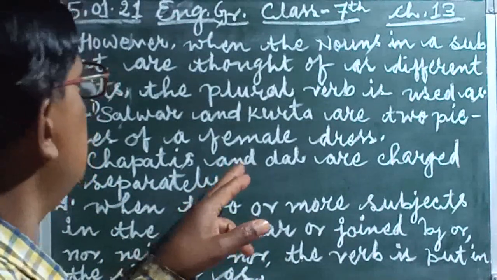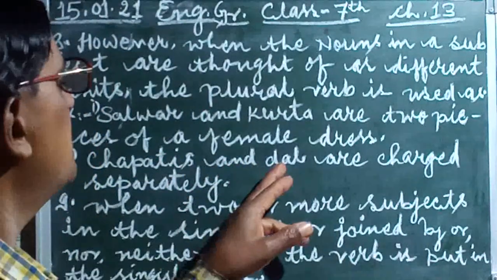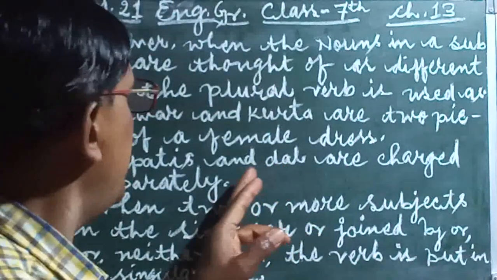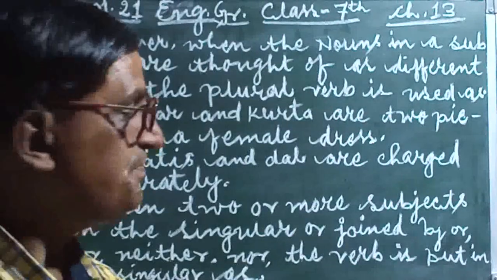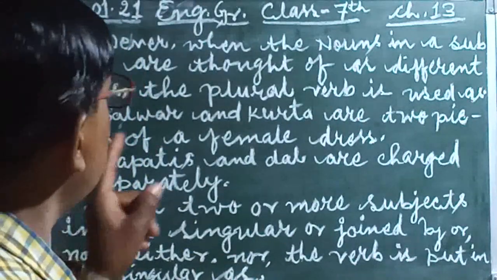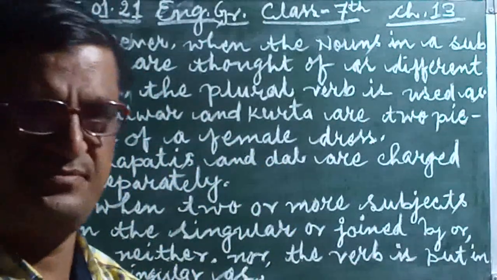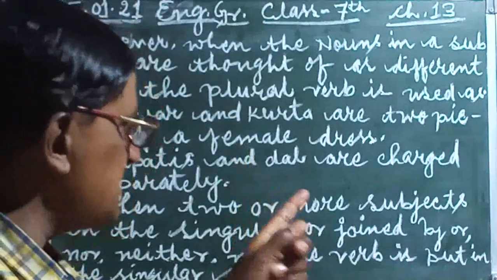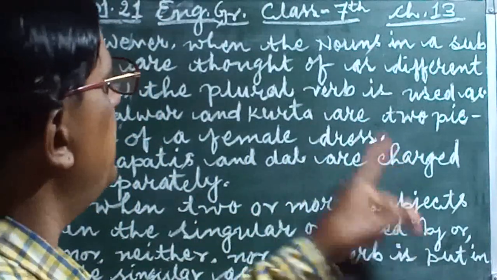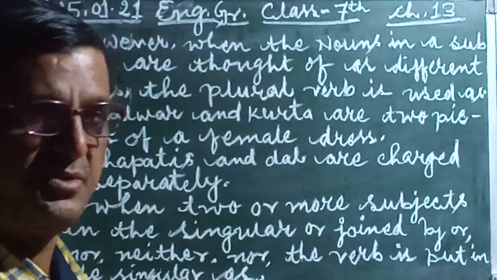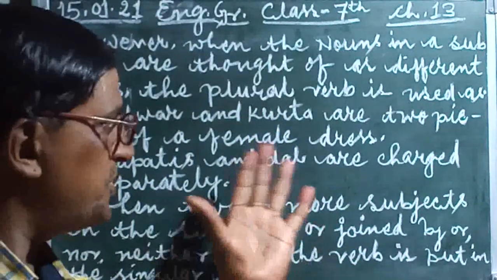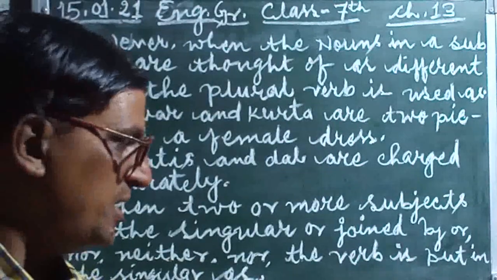These two nouns are joined by the conjunction 'and', and these thoughts are different, and in such a condition we use only the plural verb, not a singular verb. I hope this is confirmed to you, children.